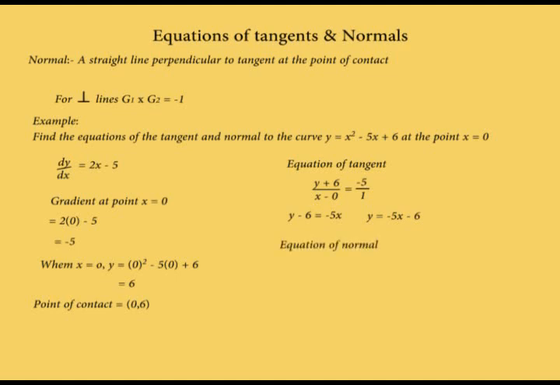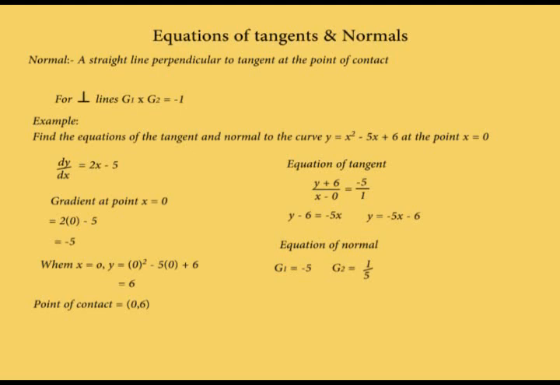Equation of the normal. We have a point 0, 6. We said the normal and the tangent have a common point at the point of contact. Gradient 1 times gradient 2 is equal to negative 1. Gradient 1 we have is negative 5, so gradient 2 must be 1 over 5.